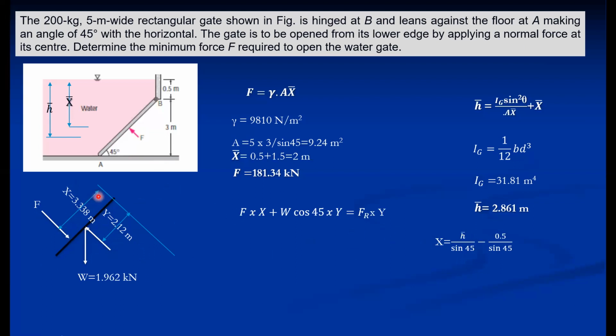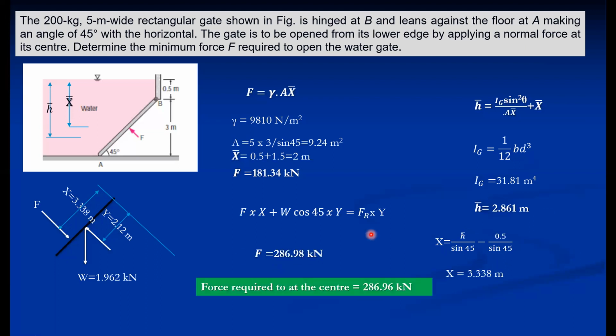By considering the trigonometry here, this is H and X. If we consider this triangle, sine 45 is equal to H bar upon X, so X is equal to H bar upon sine 45. That gives the X value. Similarly, we can apply this for Y also.